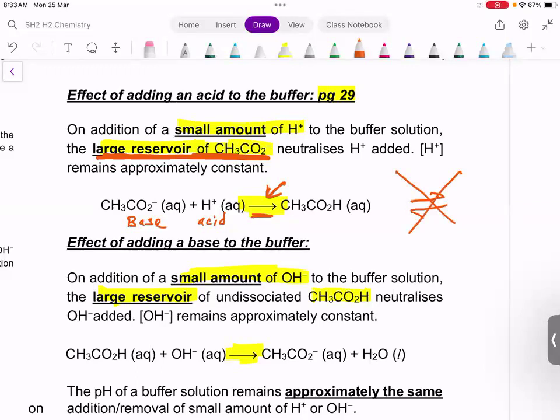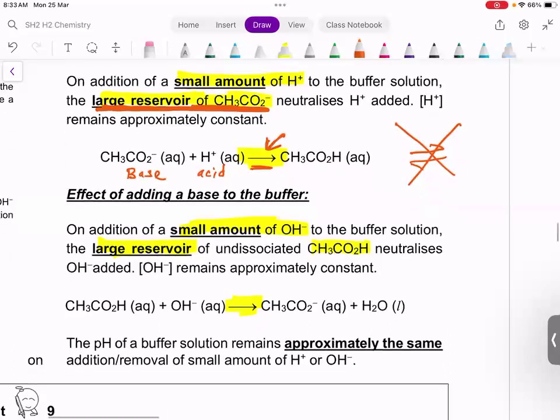So when you write an equation to show buffering action, you have to show a complete removal. Same thing here: you have a large reservoir of the acid. Therefore, it will completely remove the small amount of OH minus released. The small amount of OH minus added will be completely removed by the large reservoir of the weak acid.